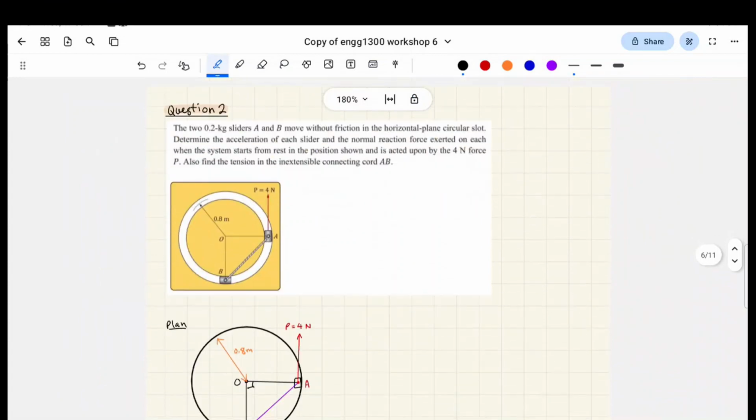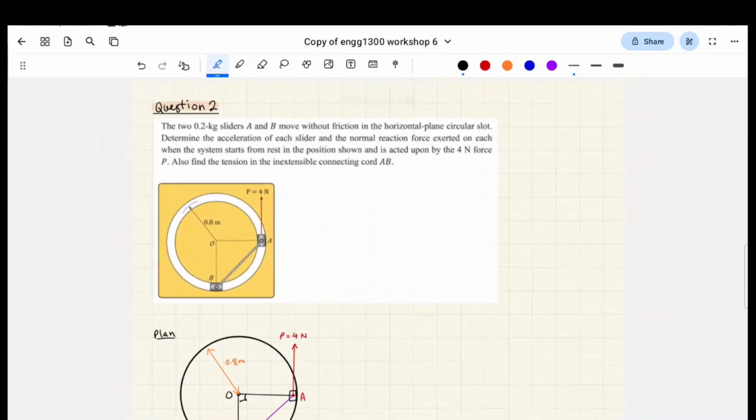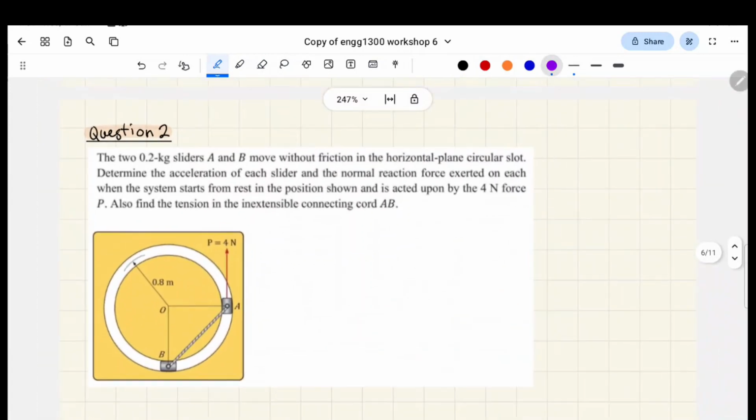Here we go. So, question 2. Here's an example of when we have to use our normal and tangential acceleration for the normal and tangential coordinates. So we have 2 sliders with this mass, right? So that's MA, MB is 0.2, right?